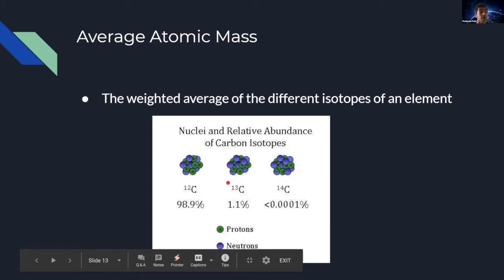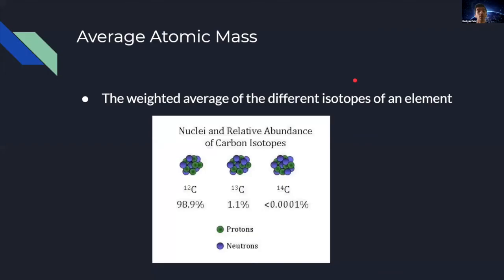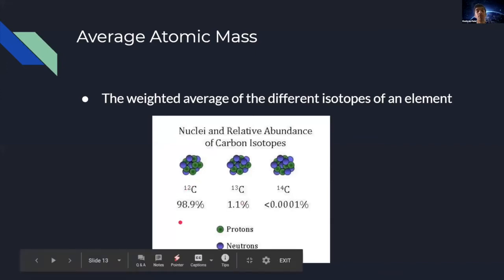And the weighted average, you might not be able to see this, but carbon's average atomic mass is 12.01. So you would get 12.01 from multiplying 12 by 0.99 and 13 by 0.01. Adding that together, you would get around 12.01. So that's the average atomic mass.